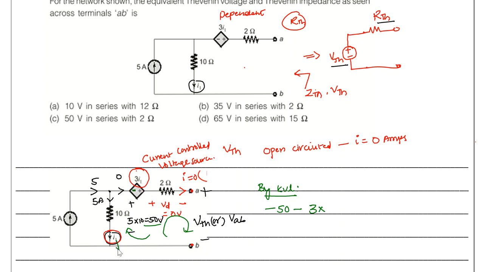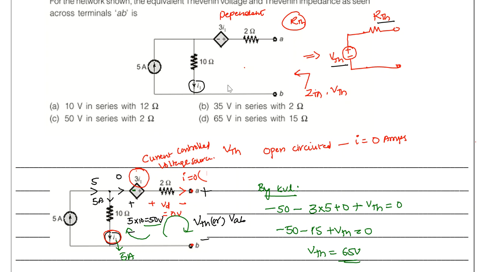I1 is the current flowing here, which as you know is 5 amperes. So minus 3 into 5. The voltage drop across this element is 0, plus VTH, or VAB. So KVL gives minus 50 minus 15 plus VTH is equal to 0. So VTH is equal to 65 volts.